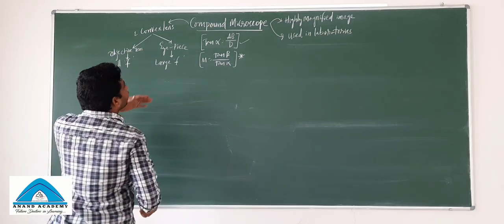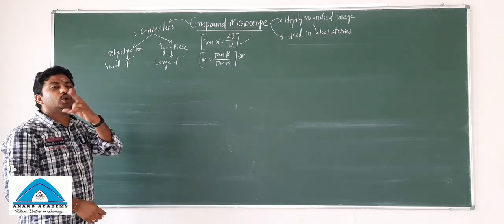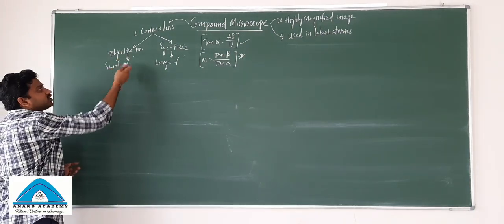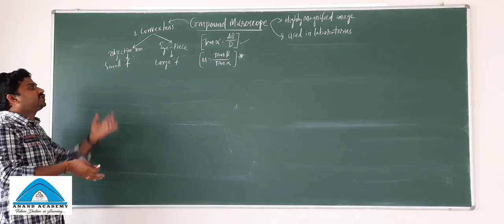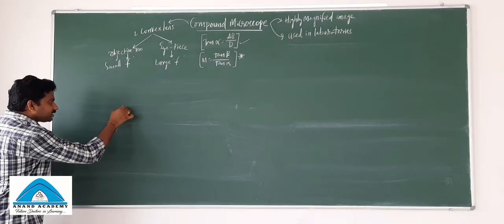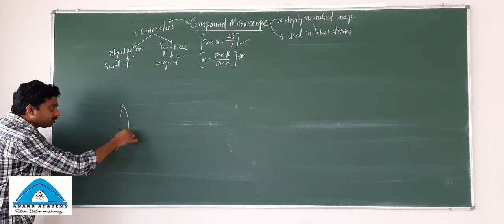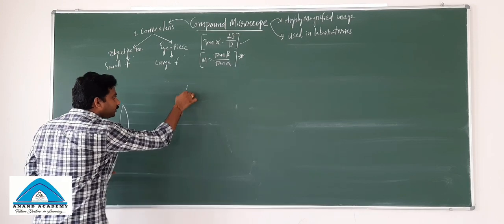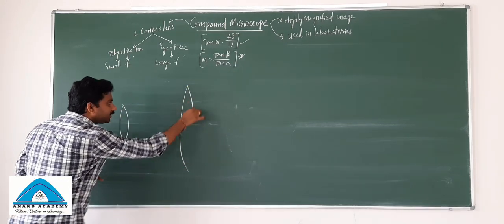How many lenses do we have in a compound microscope? There are two lenses. So let me draw both the lenses here. The first lens is the objective lens, close to the object, having a small focal length. You can carefully see, this is the lens which has a small focal length. The other lens has a huge focal length.